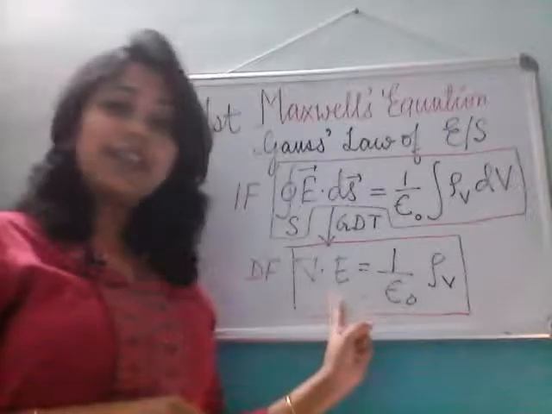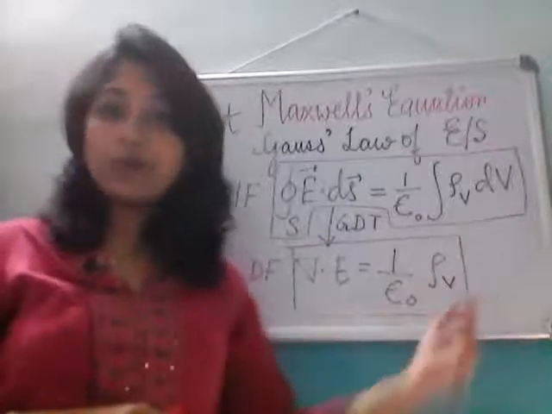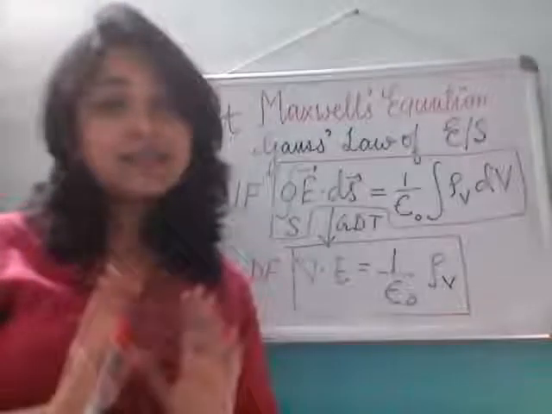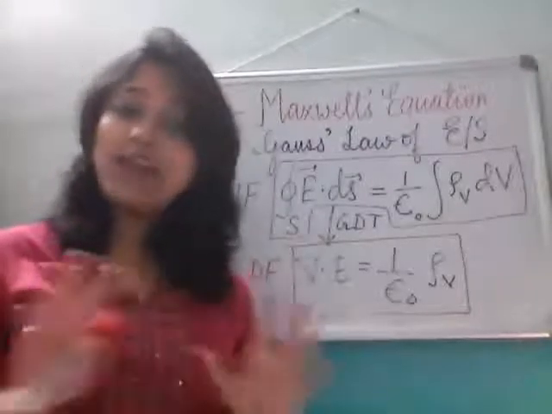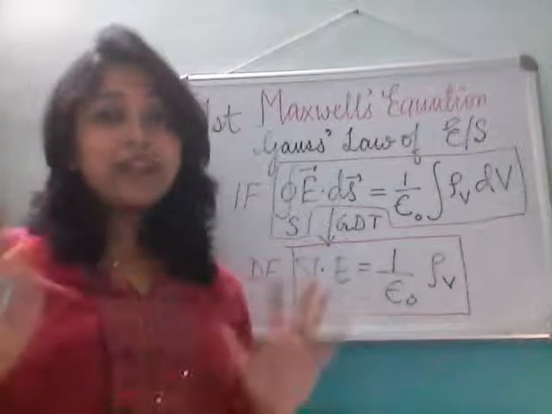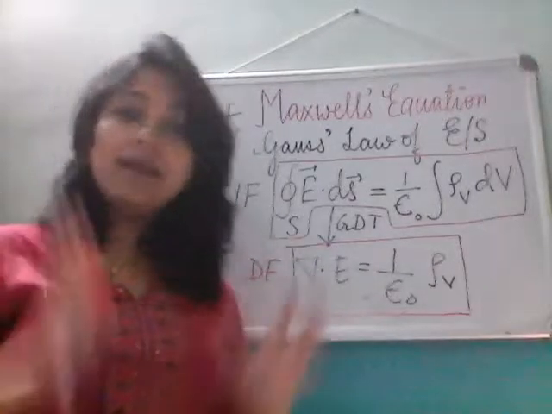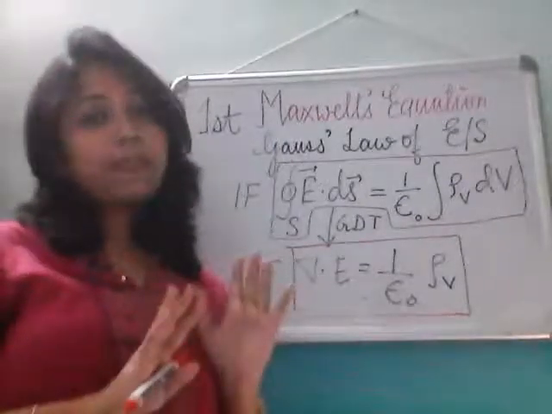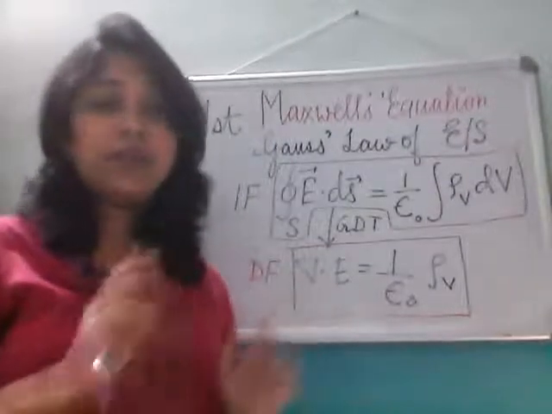Because the left hand side is a scalar, the right hand side also has to be a scalar quantity. So the charge density that we have discussed does not have anything to do with the direction within it. It is just a scalar quantity. So this is what we can talk about the first Maxwell's equation.